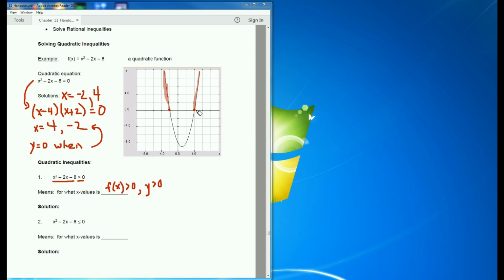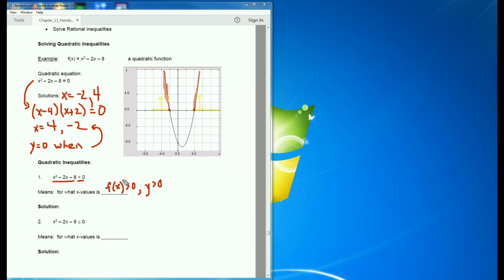Well, it looks to me like any x value to the right of this will give me a y value that's greater than 0, or any x value to the left of this will give me a y value that is greater than 0. See, any x in here, if I go x, y, it's down here, and y is negative. It's less than 0.